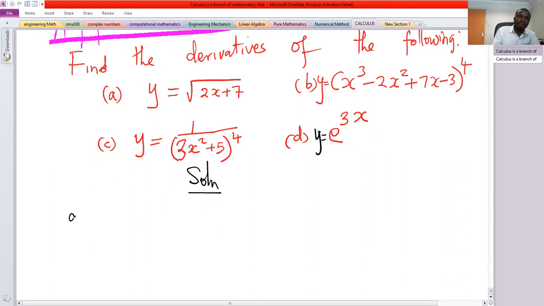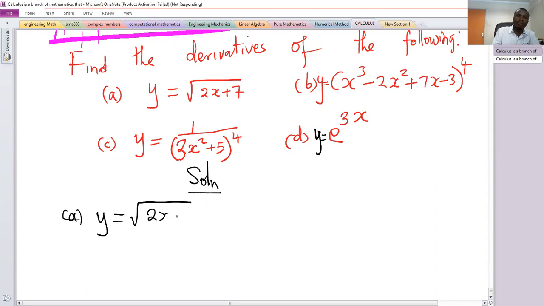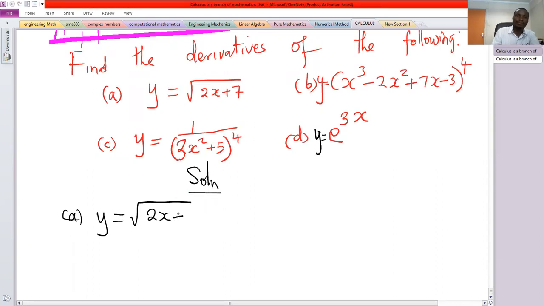So the first problem, y equals the square root of 2x plus 7. What we do, we write this one as (2x plus 7) raised to power half.